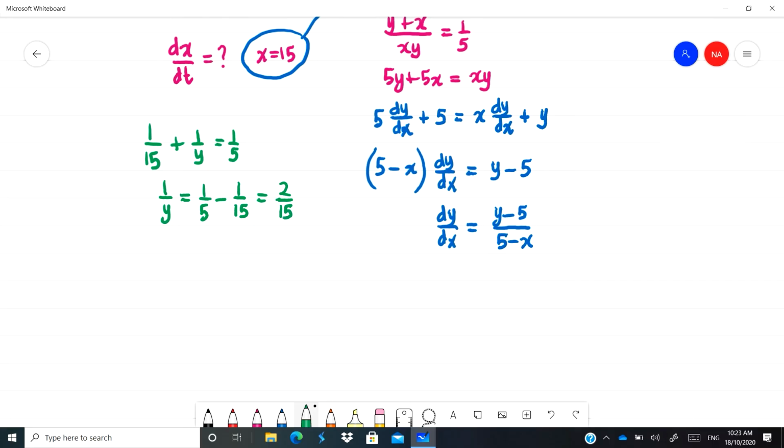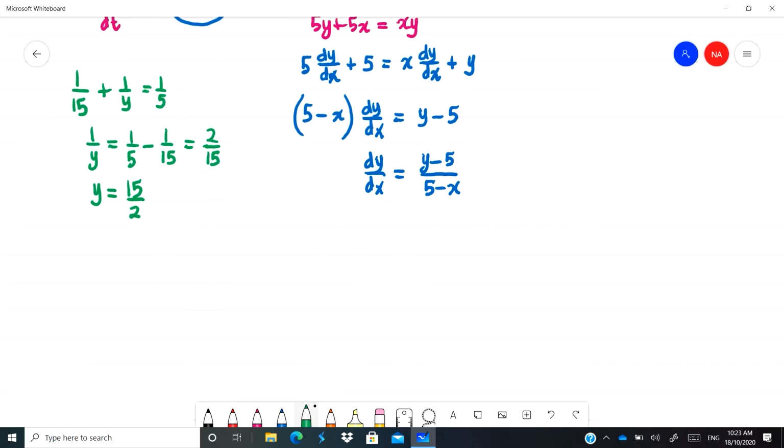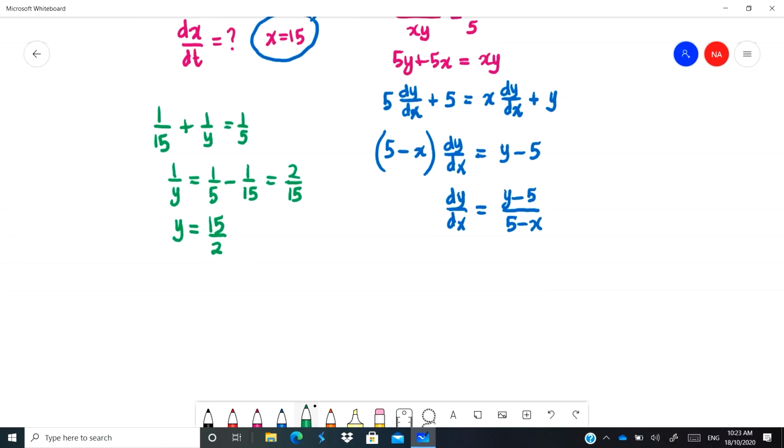So the value of y is actually 15 over 2, or 7.5. So we have y equal to 15 over 2, and the value of x should be 15 in this case.